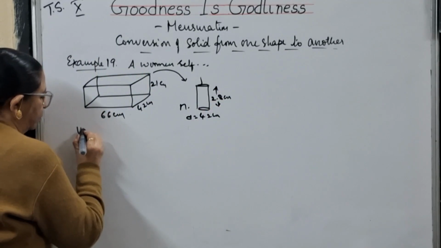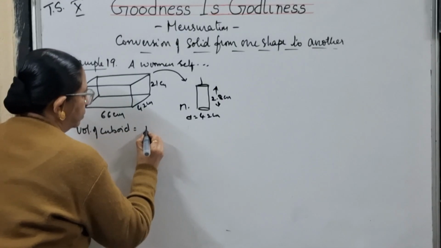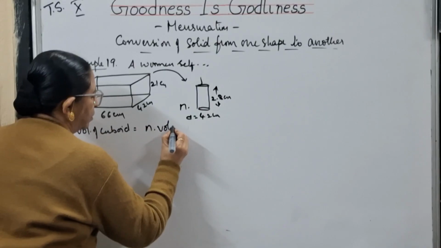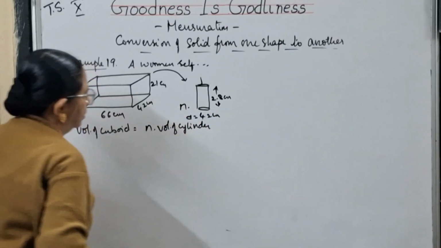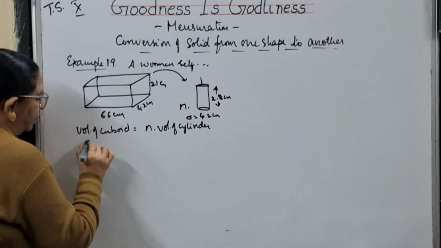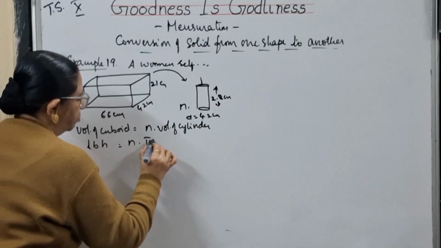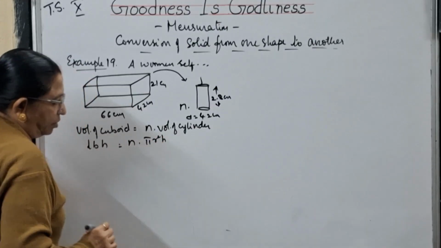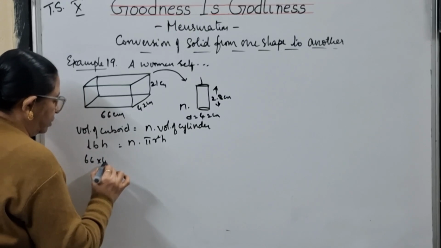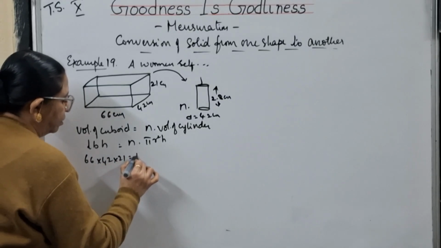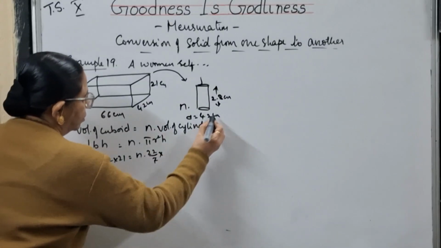N. That means volume of cuboid is equal to N times volume of cylinder. This is in the shape of a cylinder. So volume of cuboid is L into B into H is equal to N into pi r square h. So 66 into 42 into 21 is equal to N into 22 by 7 into radius.